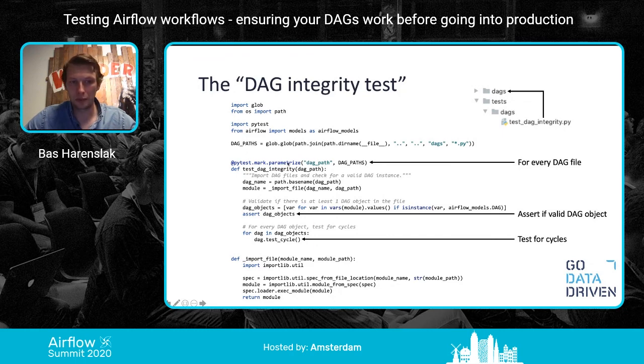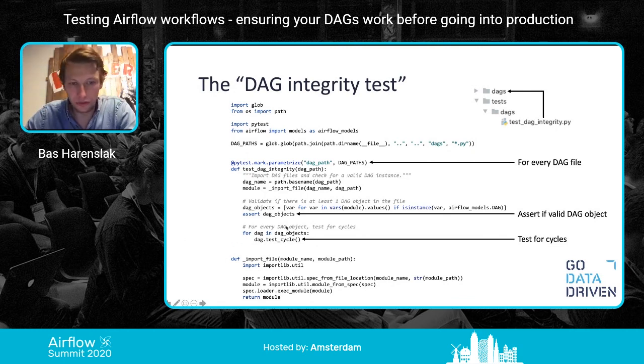We create a parameterized test, so for every DAG file, it runs this test. What the test will do is import the file and assure that the DAG can be instantiated, so that it doesn't contain any illegal keywords or whatever.